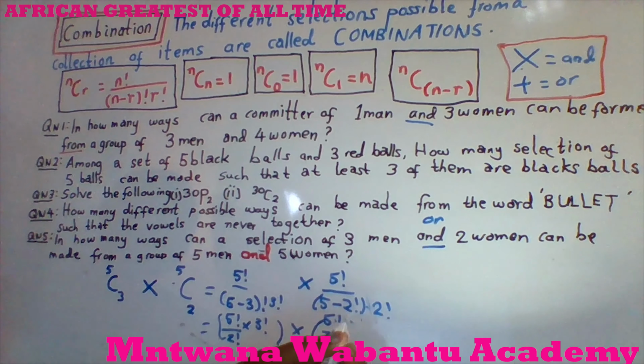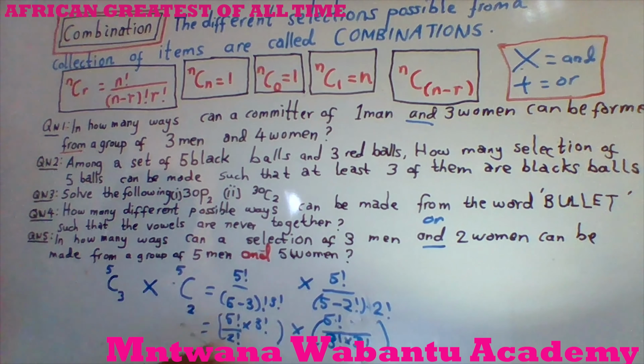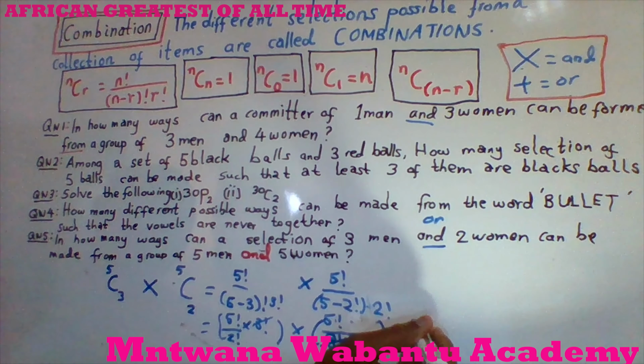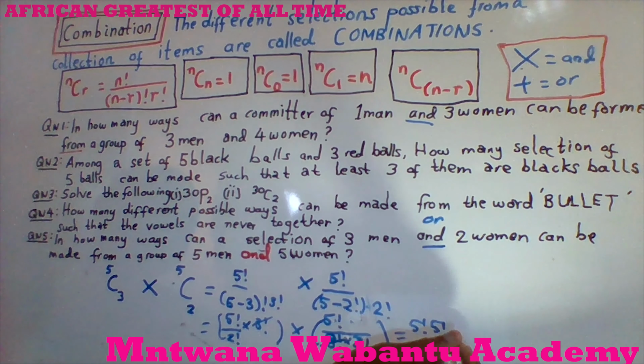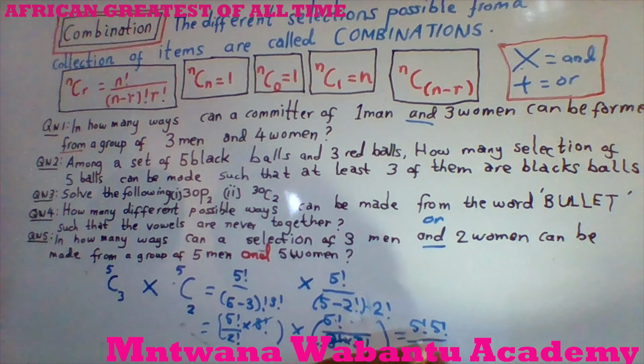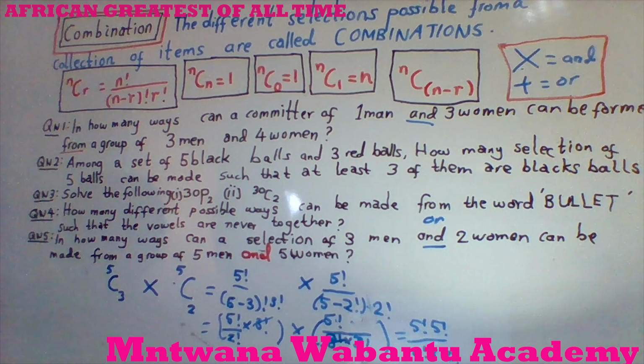We can cancel some of the stuff here: 3 factorial by 3 factorial. So you have 5 factorial times 5 factorial, over 2 factorial times 2 factorial. You can plug that in a calculator and get your answer.